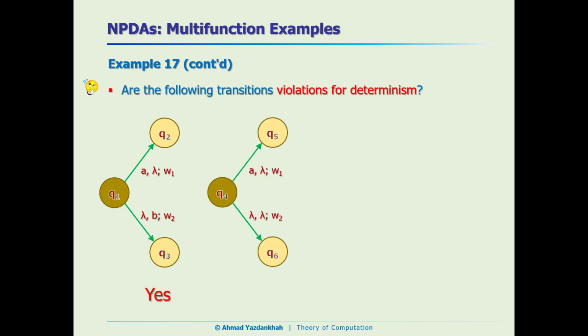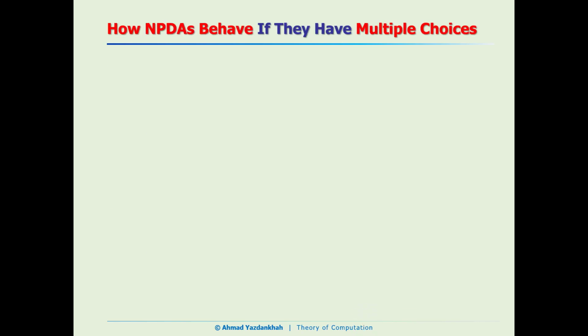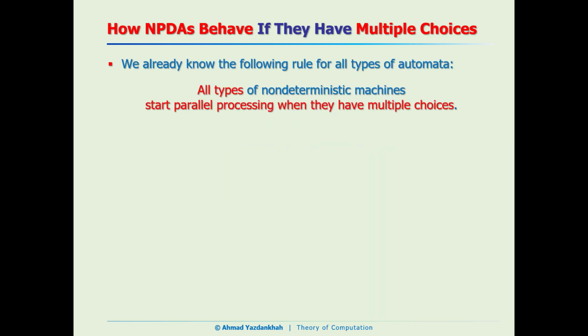We have more here. You can go ahead and try to understand why all of these are violations of determinism. Now we are familiar with the lambda transition. Also, we are familiar with multifunctions or multi-valued functions. Now the question is how NPDAs behave if they have multiple choices. We already are familiar with a very general rule that if the machine has several options, it starts parallel processing.